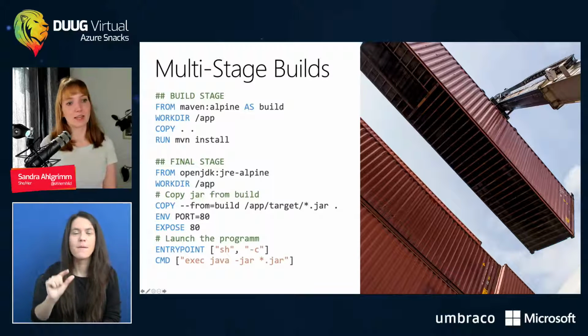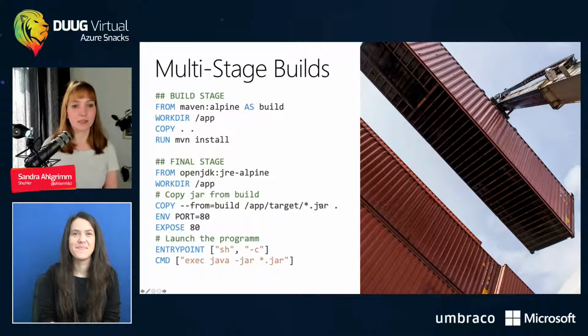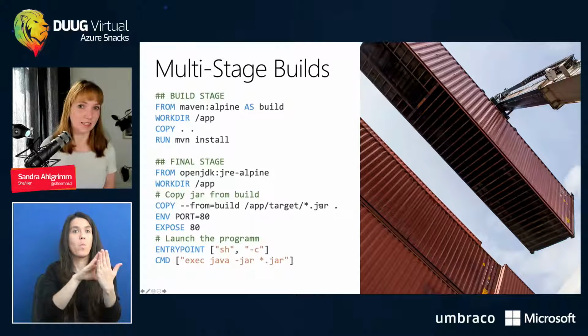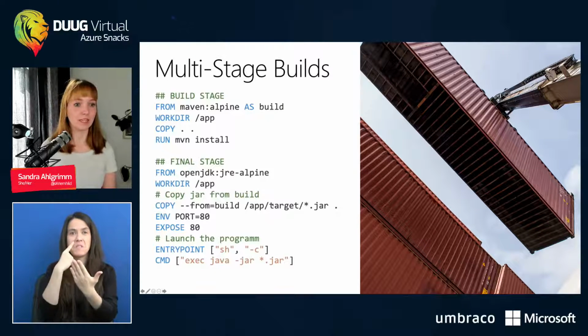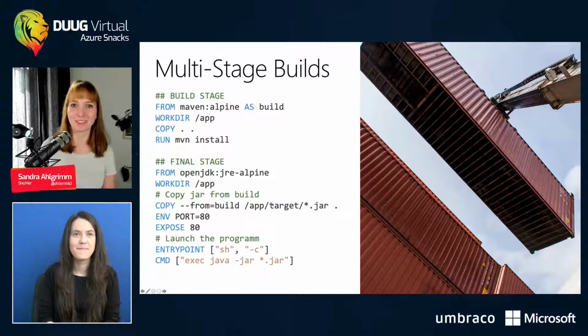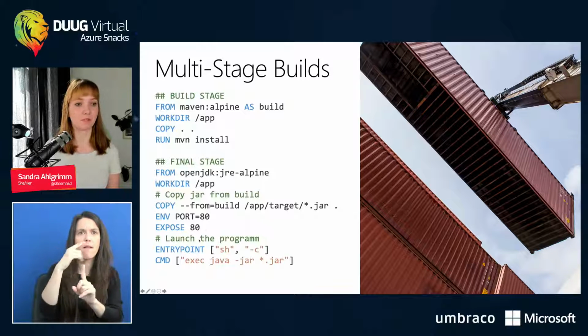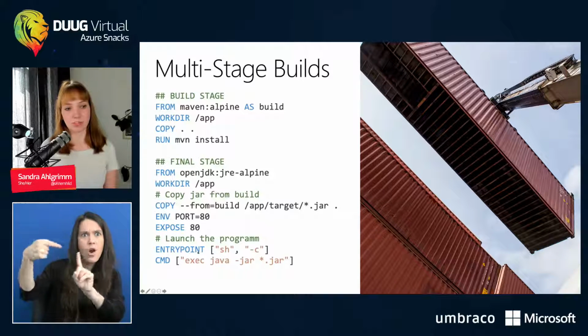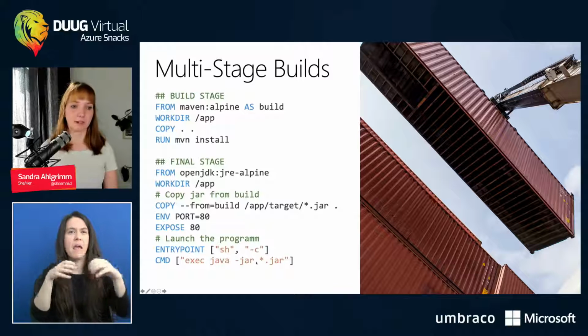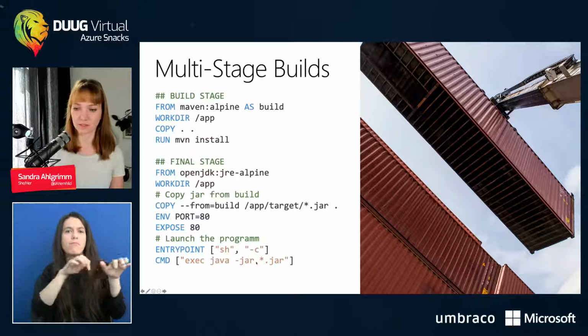And then I set again my work dir. I just copy the jar file because that's actually all I need to make it run. I don't need Maven in my deployment container, so why have it, right? So I specify the environment variables, I expose the port. I can also set an entry point, and then I specify the starting command here.